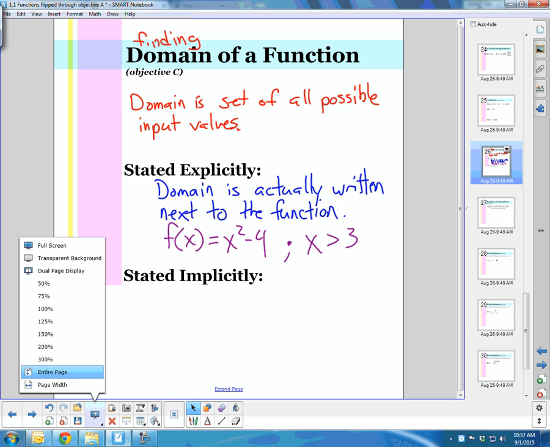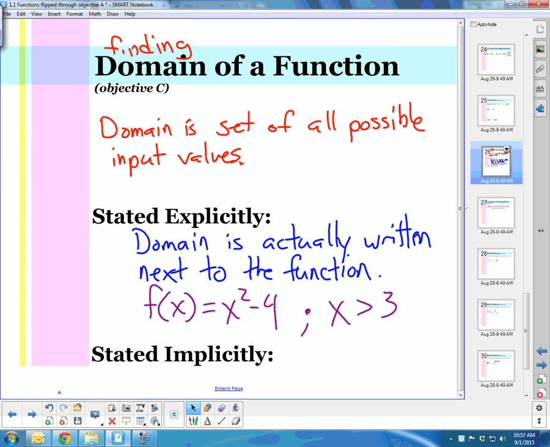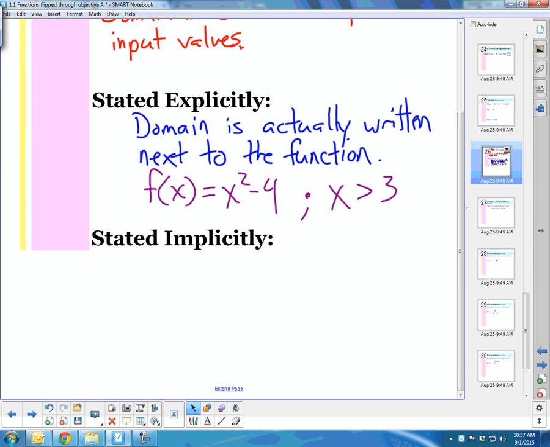What, however, is more common is a function to be stated implicitly. And that means that the domain is not stated and actually written out next to it. It's simply implied.